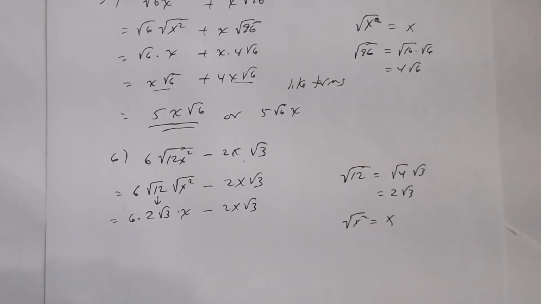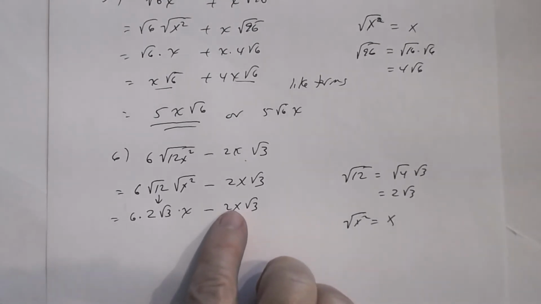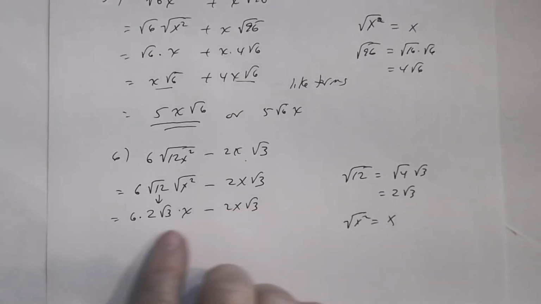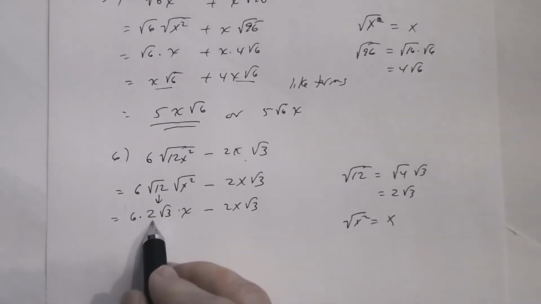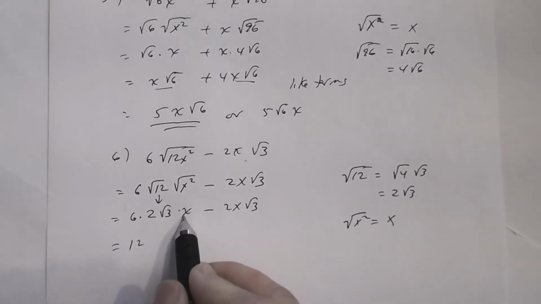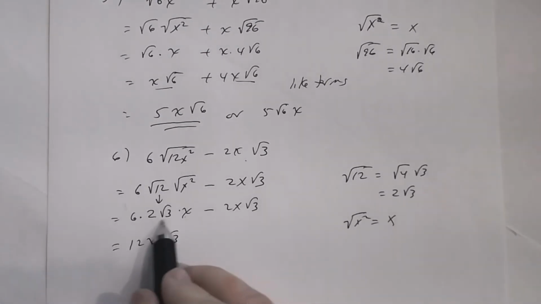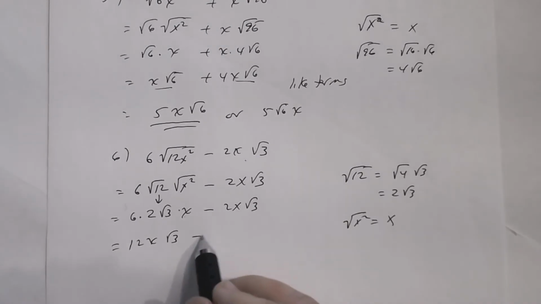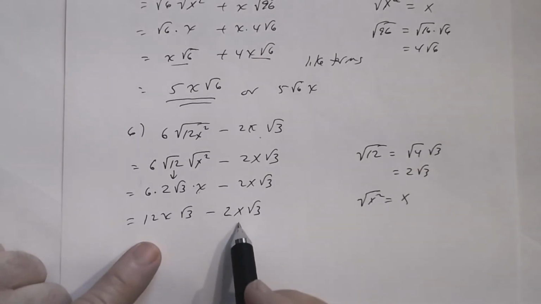Okay, now you see how this is written as 2 times x square root of 3? So let's rewrite this, if we can, looking like this. So 6 times 2 is 12, right? And I'm going to put the factor of x between the 12 and the square root of 3. So you agree that this is still this. And then minus 2x square root of 3. So then the question is, are these like terms?